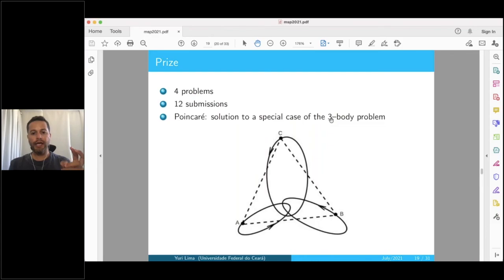So the natural next step was indeed the three-body problem. And Poincaré was not even able to solve the three-body problem. He only gave a solution to a special case. But nevertheless, he got the prize.